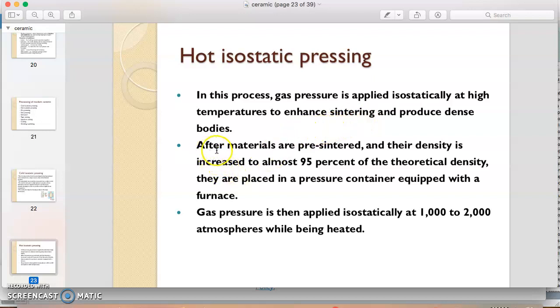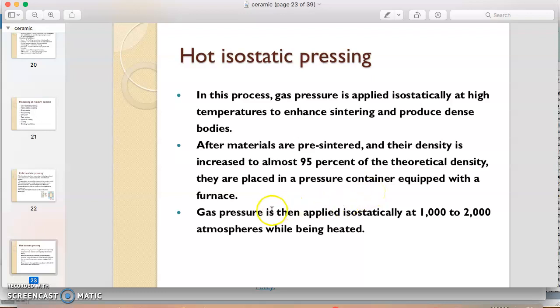The materials are pre-sintered. It means that when we apply the heat during the pressing, the pre-sintering will occur, and their density is increased to about 95% of the theoretical density.